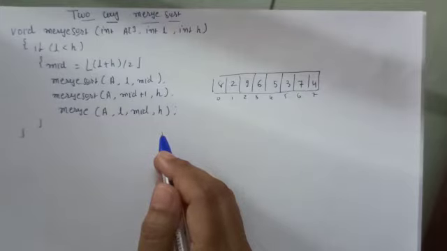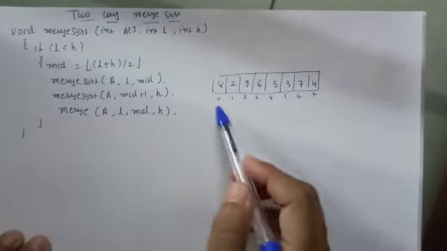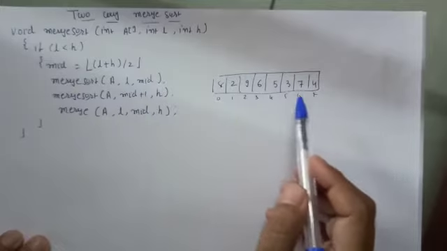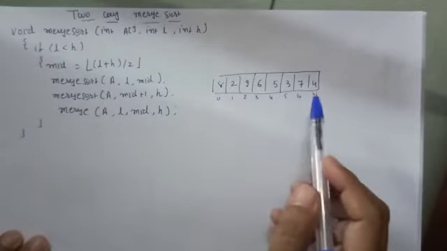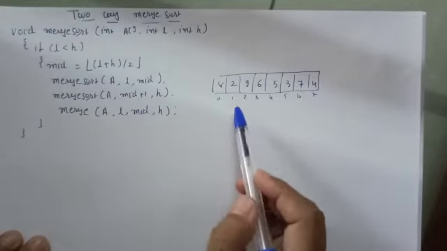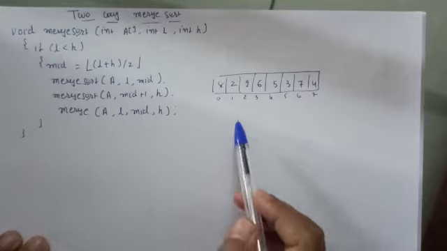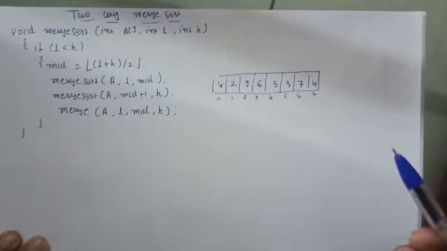Merge sort breaks the array into two halves recursively until it reaches one element. From there it will start the merging procedure.